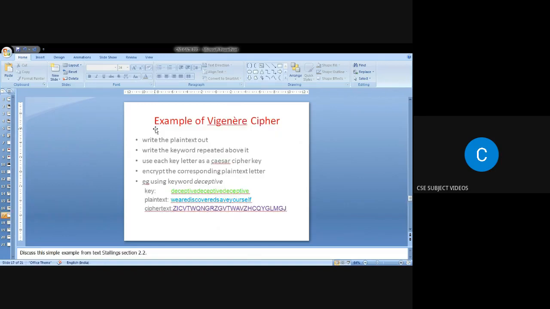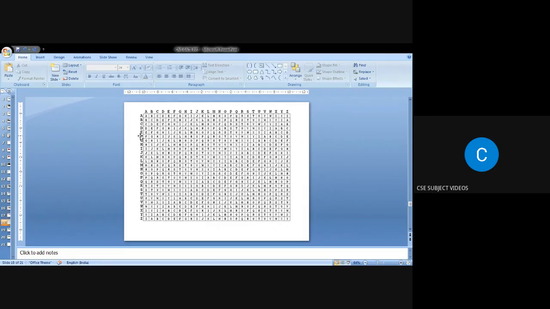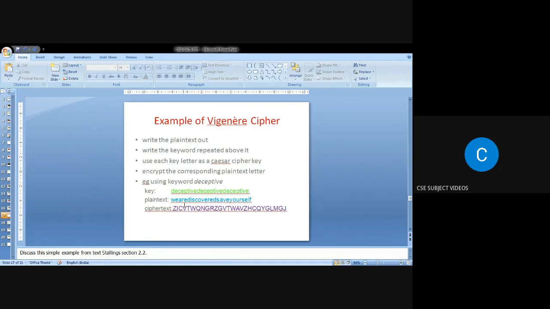It is C. Is it clear? Next, row E, column R. Row E, column R gives V. Similarly, you have to follow the same procedure till the end. So this is the Vigenère cipher.